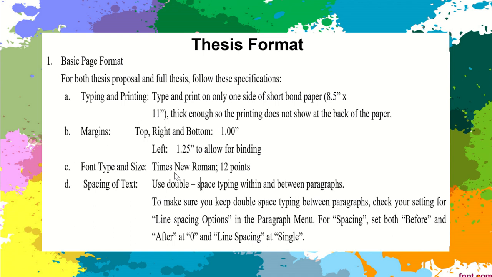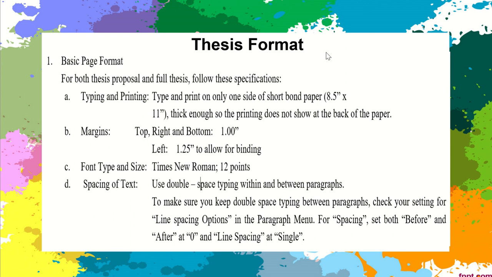Font type and size, Times New Roman 12 points, and spacing of text, double space within and between paragraphs. So to make sure that it is double spaced, please follow this instruction to ensure that you are observing the double space typing.